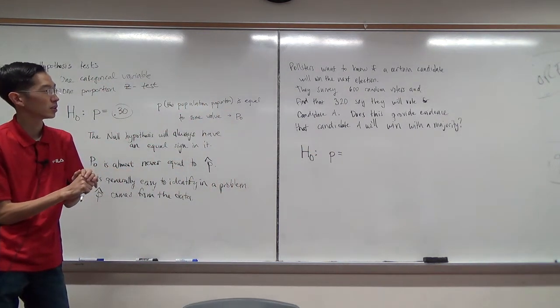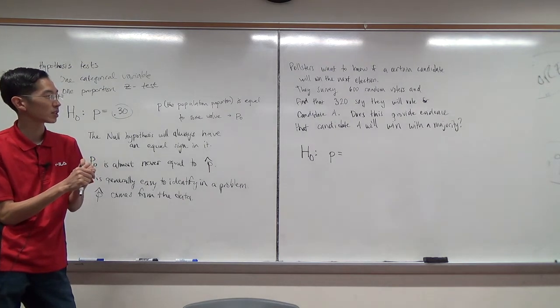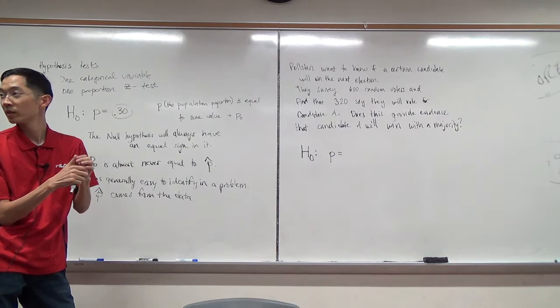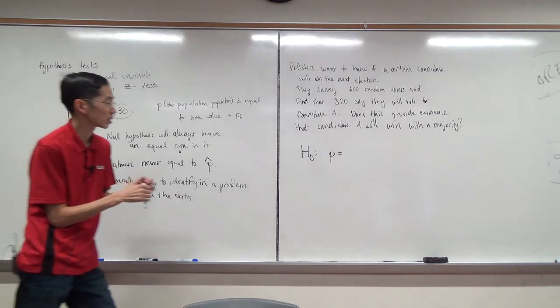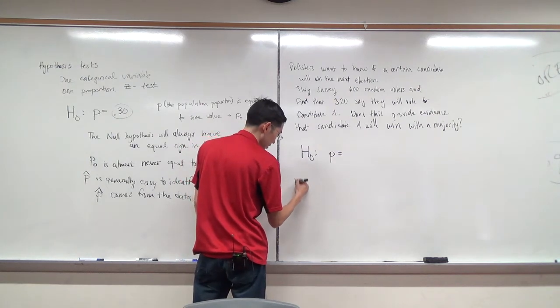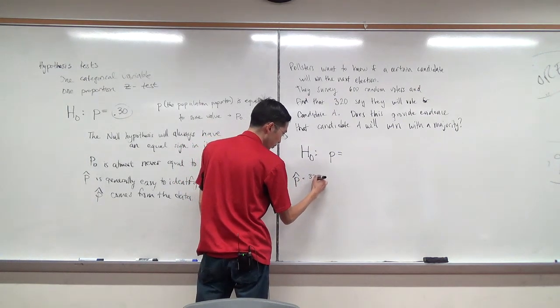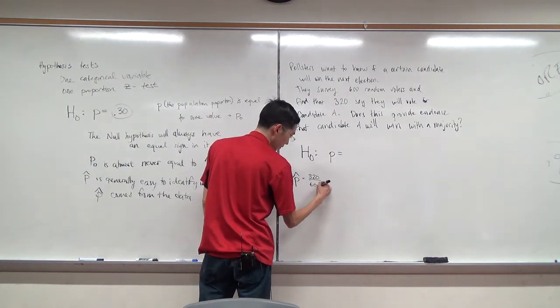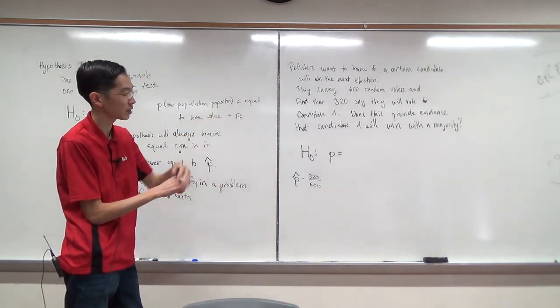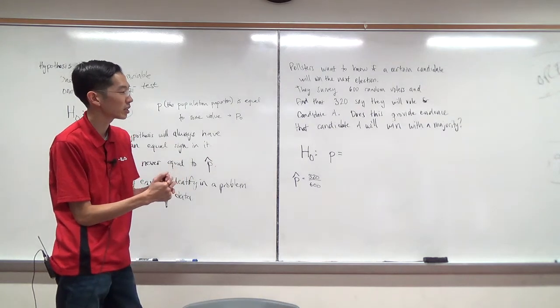So what proportion can we pick out in our problem? Yeah, we have 320 out of 600, but this is our p hat. P hat is equal to 320 out of 600. There's another proportion that is not explicitly stated but is implied in here.